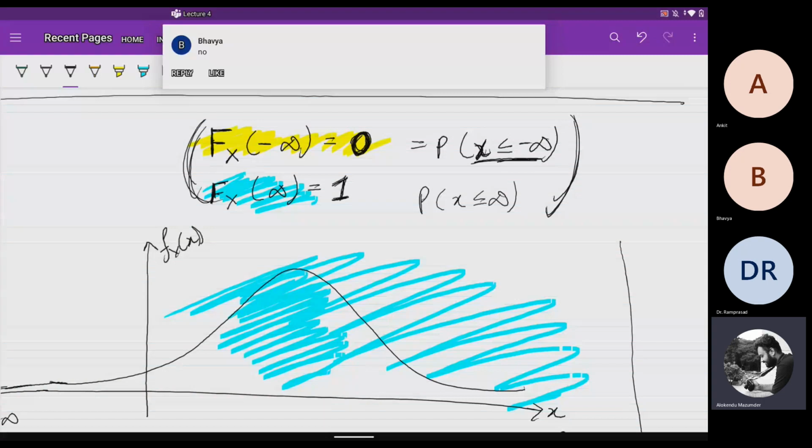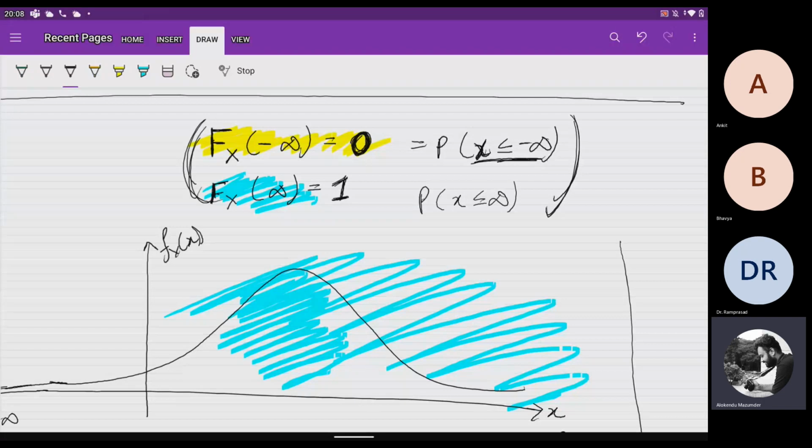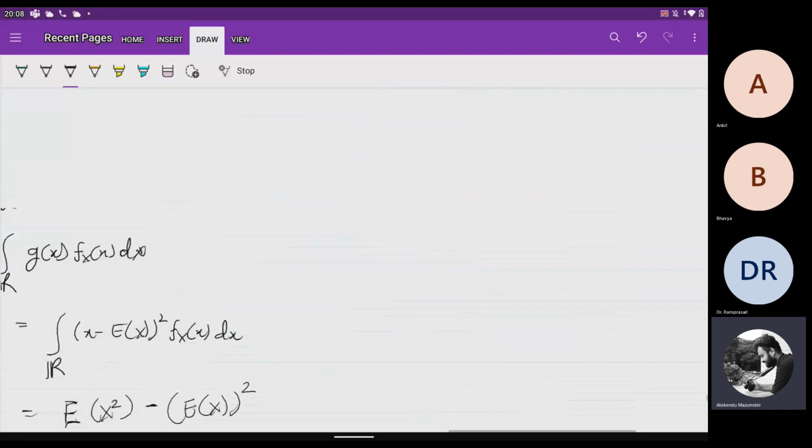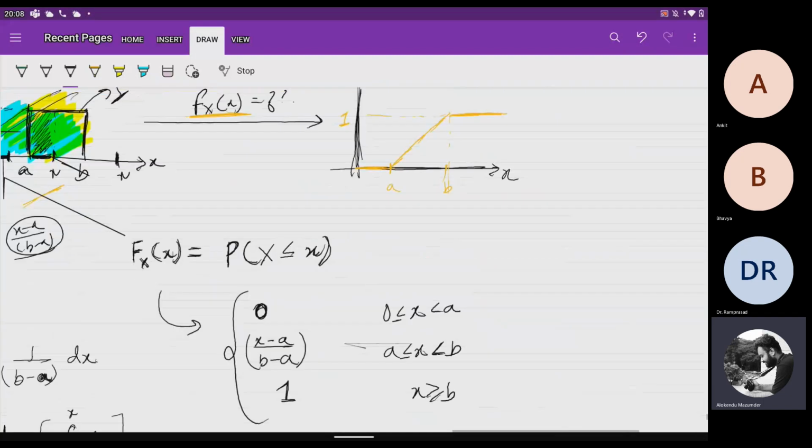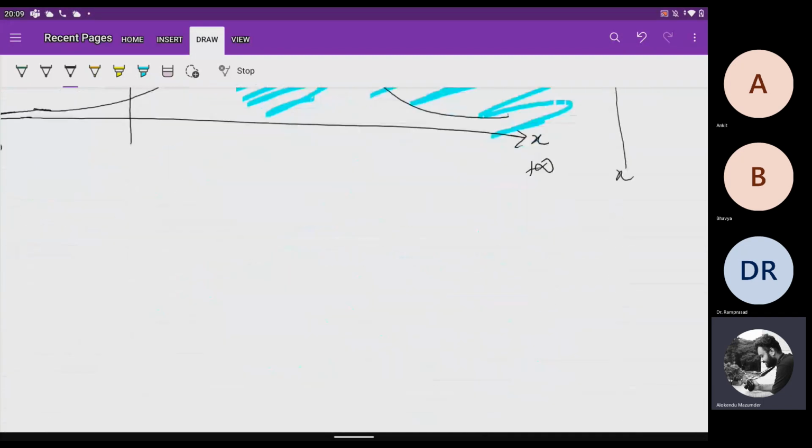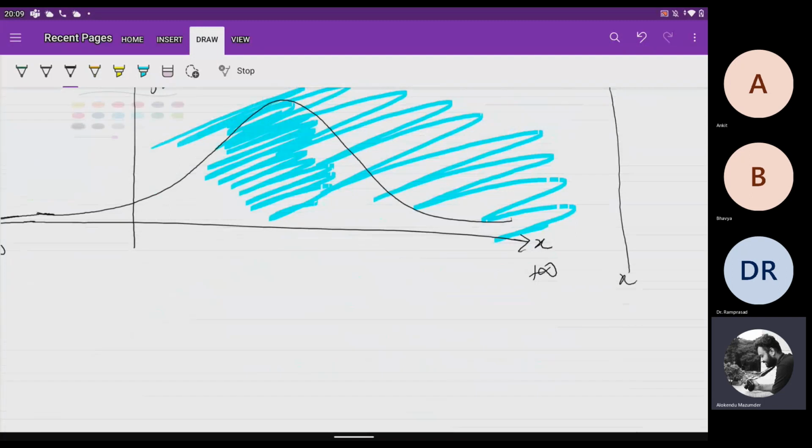Now we will talk about some properties of expectation, and of variance as well.